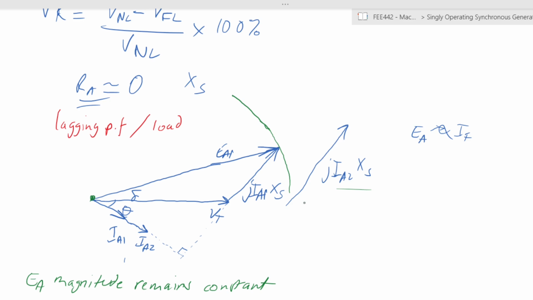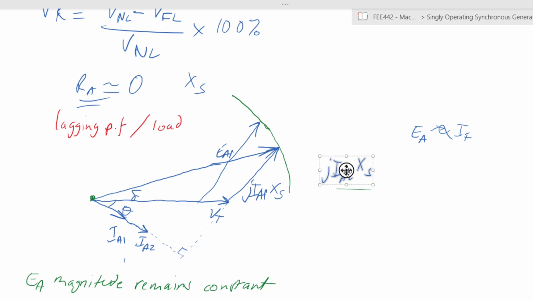So based on the value of IAXS that we have, if this is its magnitude, we would need to find a location where it would fit in that particular paradigm. So we would look for a position whereby it can connect to VT and it can connect to IA along that particular locus, right?